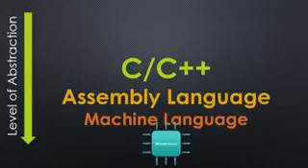But C and C++ still lets you have a degree of control that's lower level, and so a bit closer to the microprocessor itself. And that's why it's very popular to use, because you have a great degree of control, but it's easier to code in than assembly or machine language.